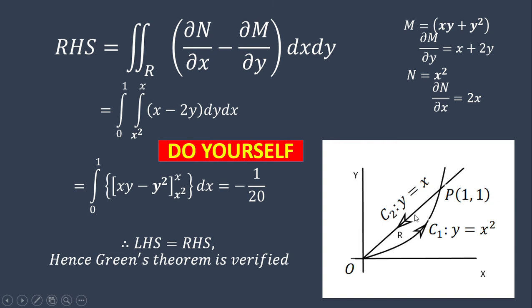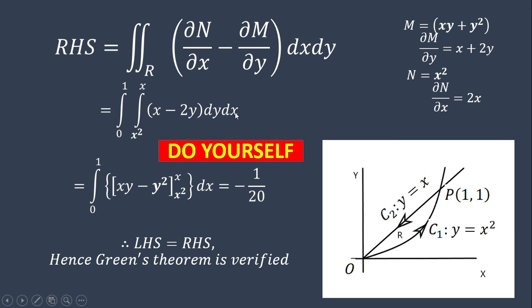When you take the y limit, you have to take the vertical strip, from bottom to top. At the bottom there is the curve y equals x square, so the lower limit is x square. At the top there is the line y equals x, so the upper limit is x. Inner limits are variables and outer limits are constants.